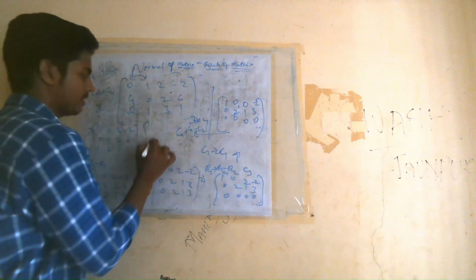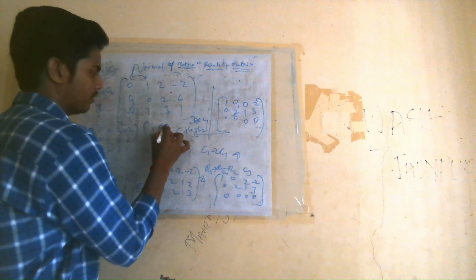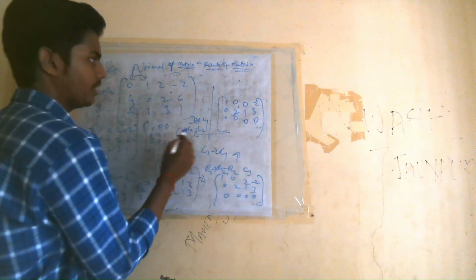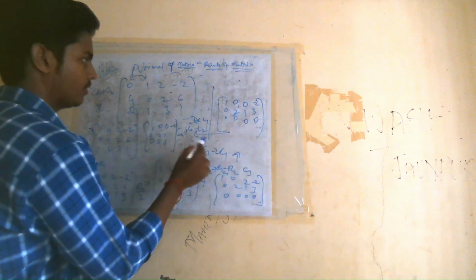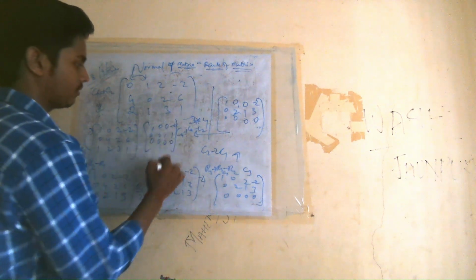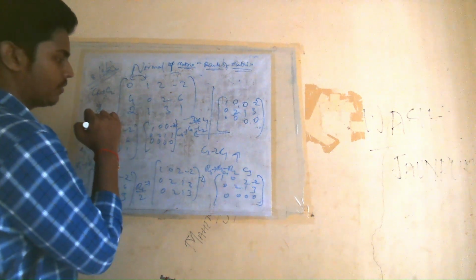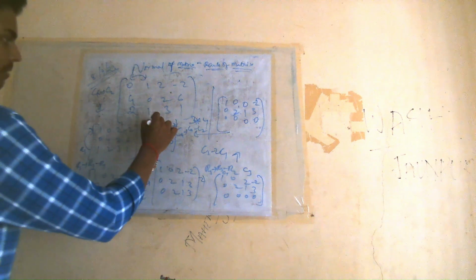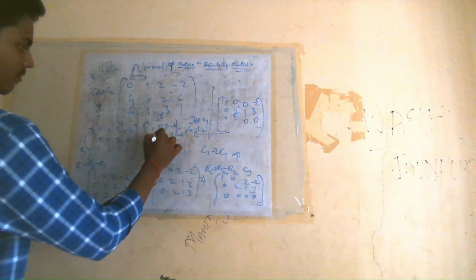If I do this, I'll be getting 1, 0, 0, 0, 2, 0, 0, 1, 0. This becomes C4 minus 2 times, right? Becomes minus 2. This becomes 1. This becomes 0.